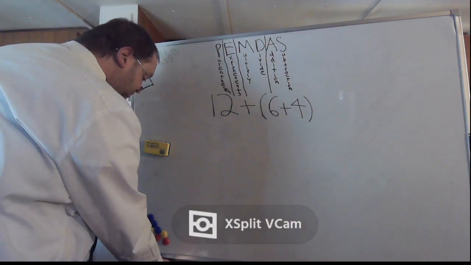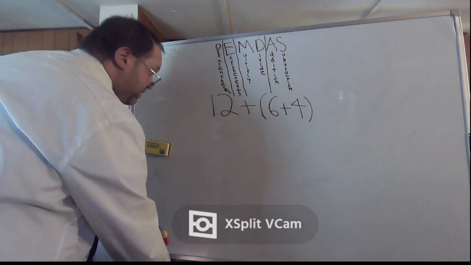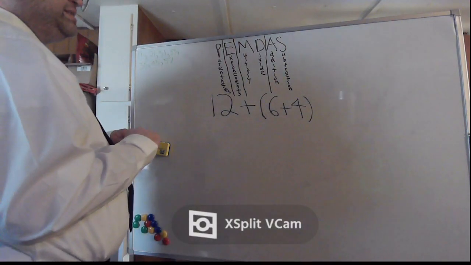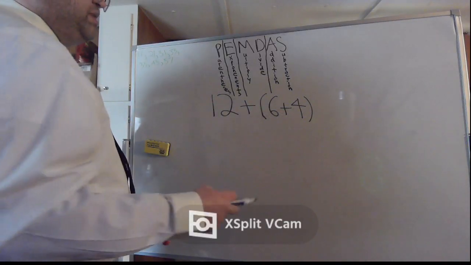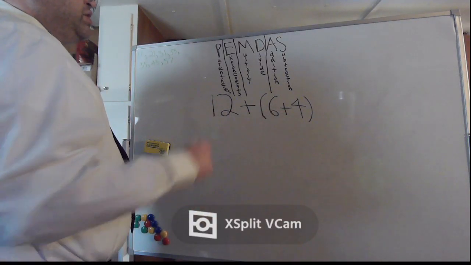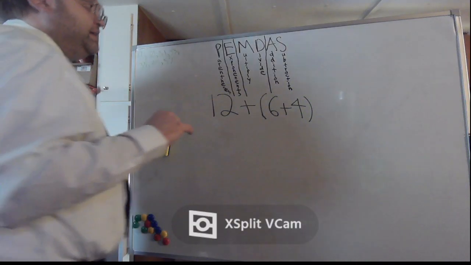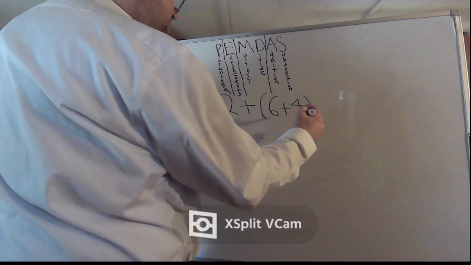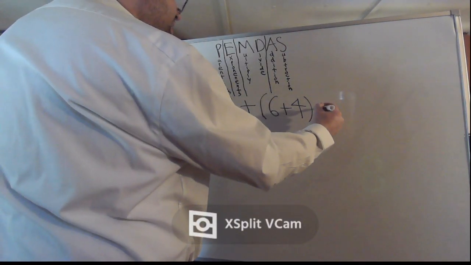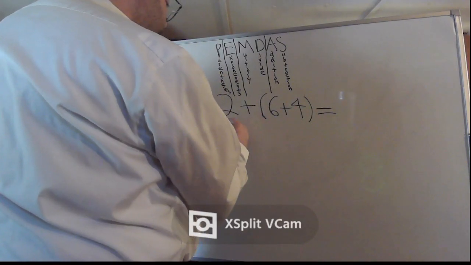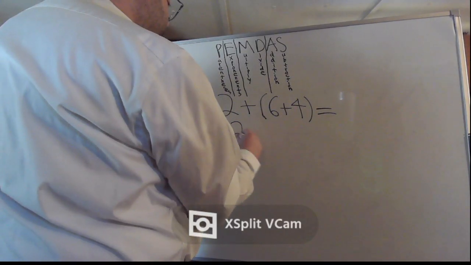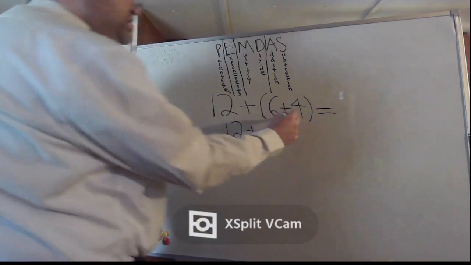So we are here with this equation, 12 plus 6 plus 4, the 6 plus 4 in parentheses. According to the rule of PEMDAS, we would do the parentheses first. That's always number 1. So you'll have 12 on the outside, plus, what is 6 plus 4?